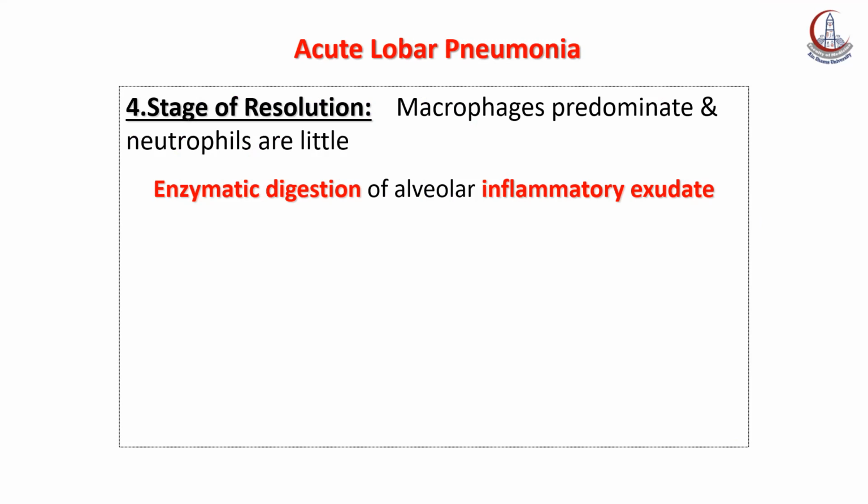Stage of resolution, restoration of the normal condition: macrophages predominate with few neutrophils. Enzymatic digestion of the alveolar inflammatory exudate starts to occur, and the fluid becomes semi-fluid with debris.